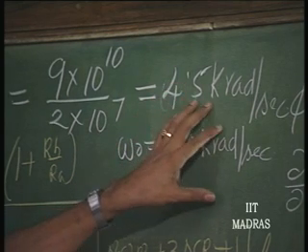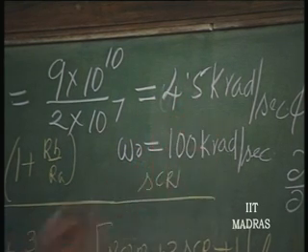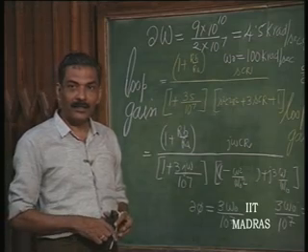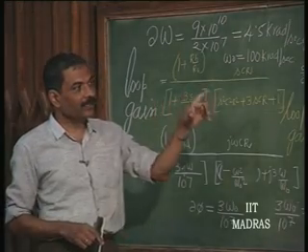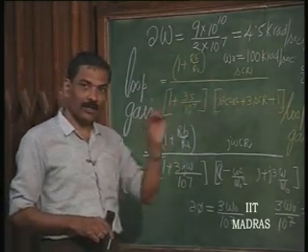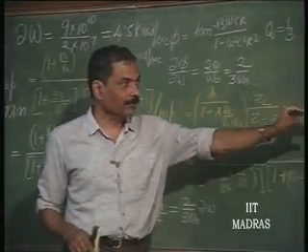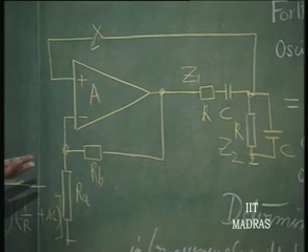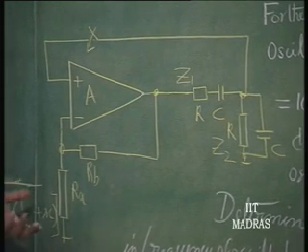Compare it to the change that has suffered because of the slow variation in phase with respect to frequency in the case of RC oscillators. So, all RC oscillators like this, whether they are phase shift oscillators or Wien bridge oscillators, they suffer from this great disadvantage that the frequency stability is very poor.